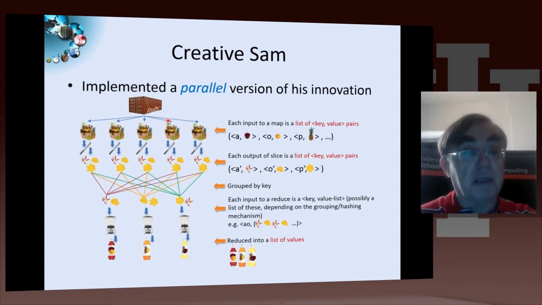Then we put them in multiple trucks and carry the fruit to some unit that actually makes the drinks. So we have multiple baskets of fruits, and the key is the type of fruit, and the value is the particular fruit, so the particular apple or orange or pineapple.